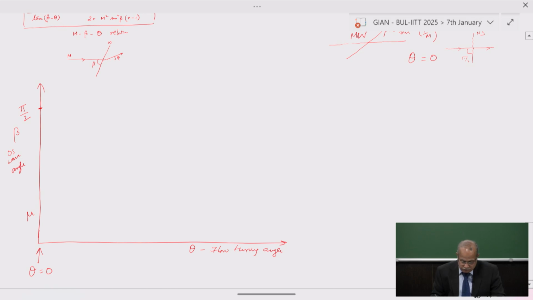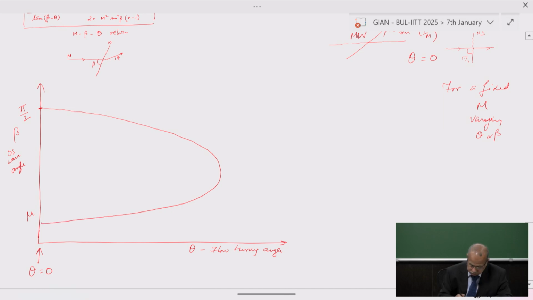So if I choose a particular Mach number M, for a given Mach number, if I vary theta for a fixed value of M, varying theta and beta, I will get a graph something like this.